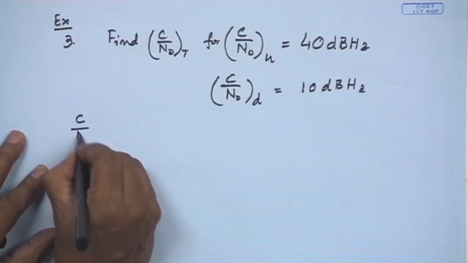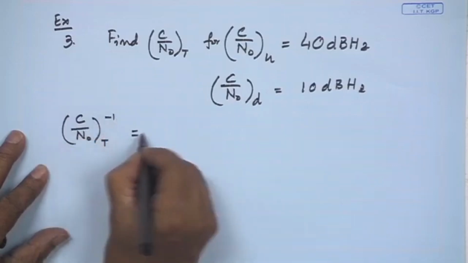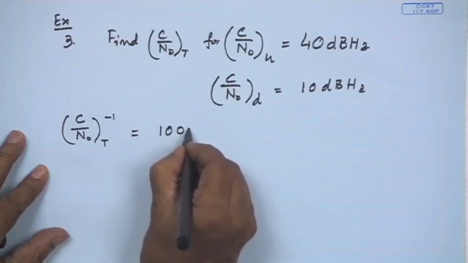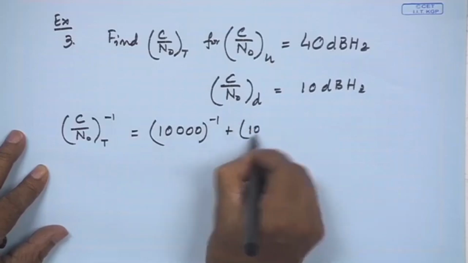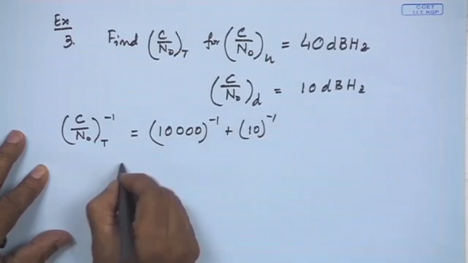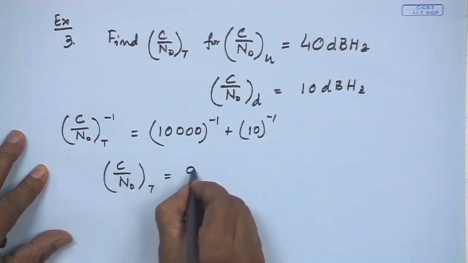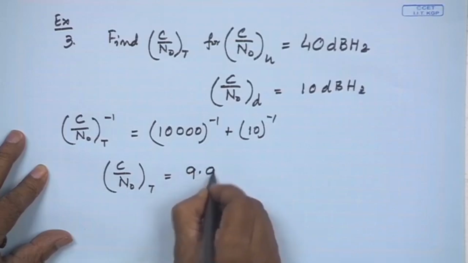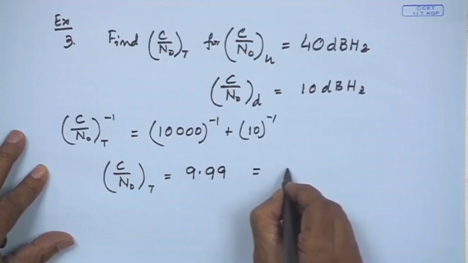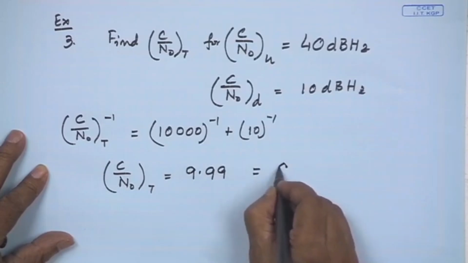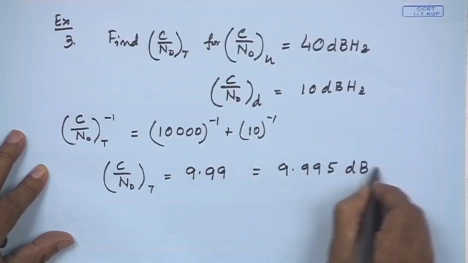So, C by N0 total inverse is now 40 is 10,000 inverse plus 10 inverse. So, C by N0 total will become 9.99 approximately, and that means in dB it will be 9.995, let us say, dB hertz.